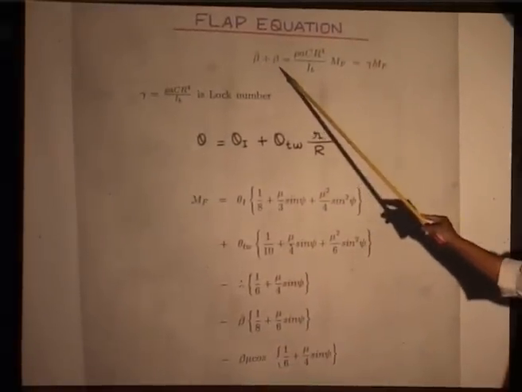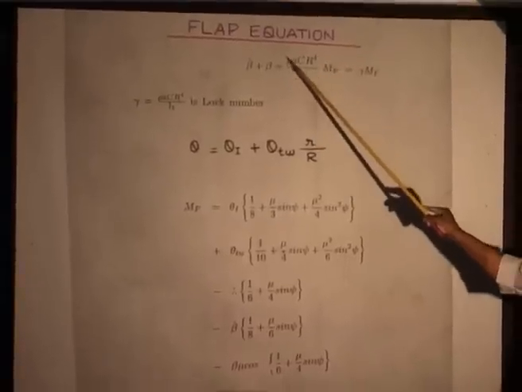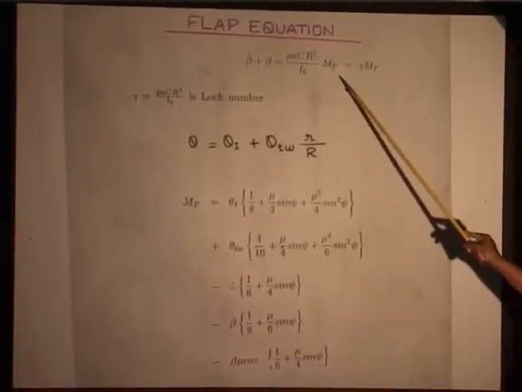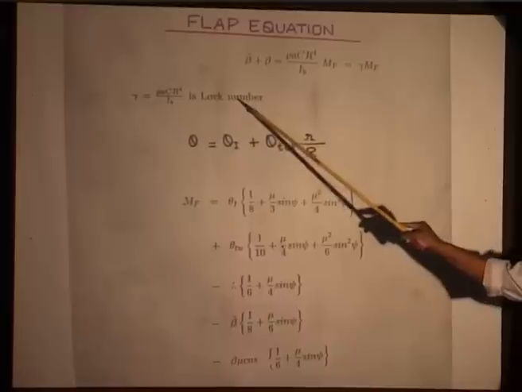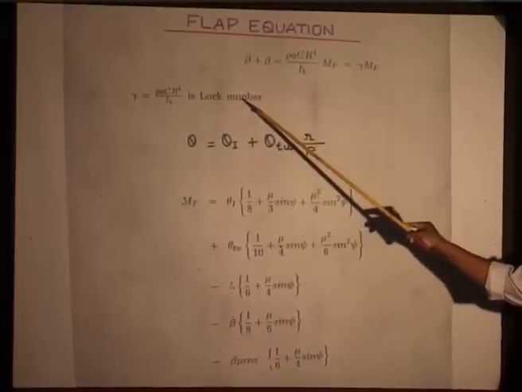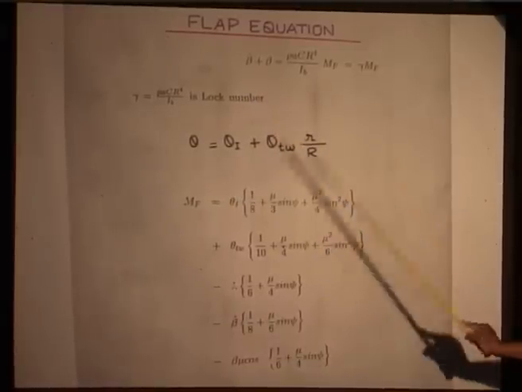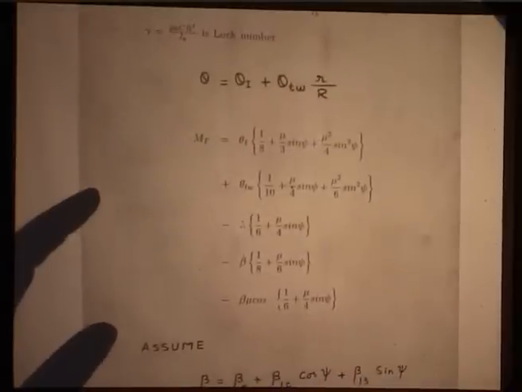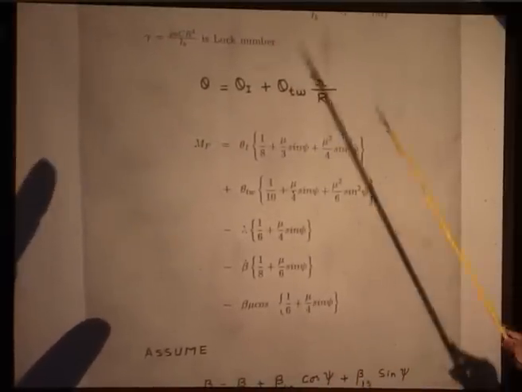Beta double dot plus beta is gamma M F. Gamma is the Lock number, and M F is given here. Please note M F is this.